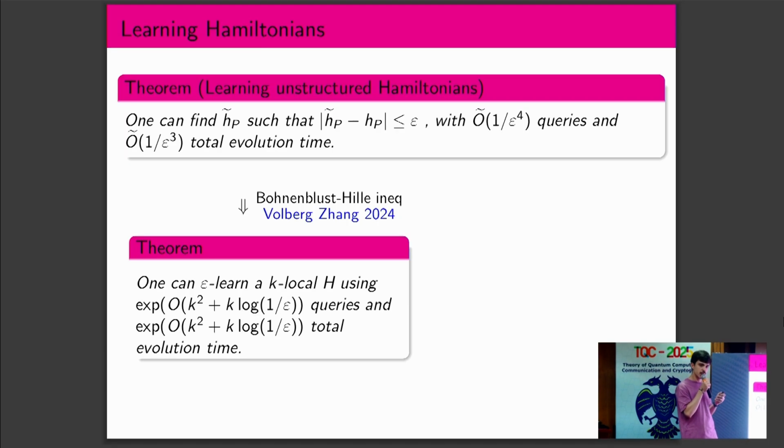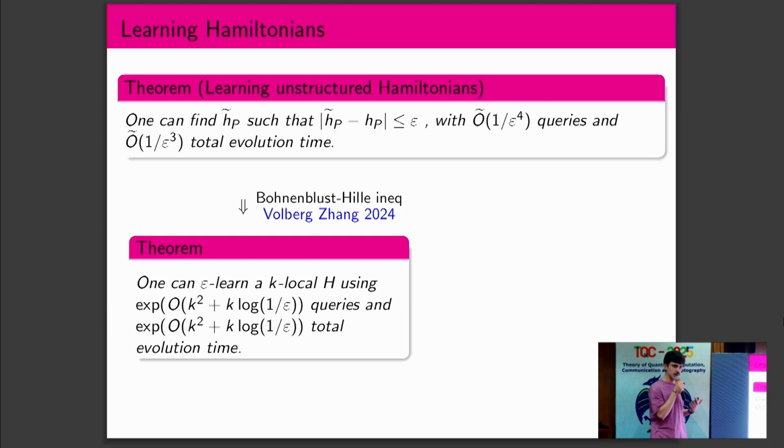And here, crucially, this threshold does not depend on n. So using this result with an epsilon that does not depend on n, it depends on k and the real target epsilon, you can get an algorithm to learn local Hamiltonians that does not depend on n.